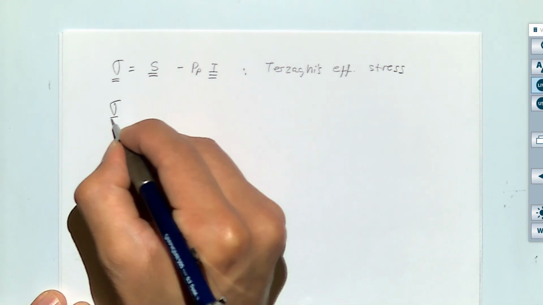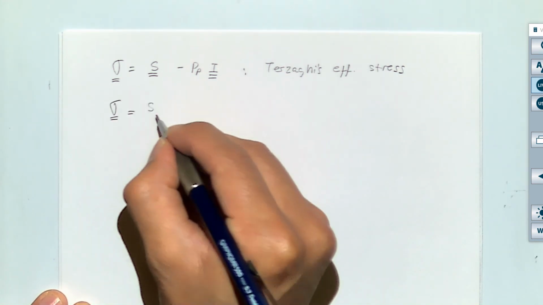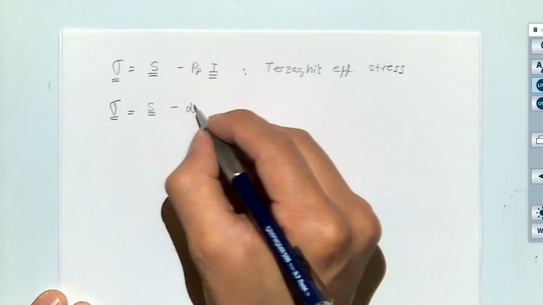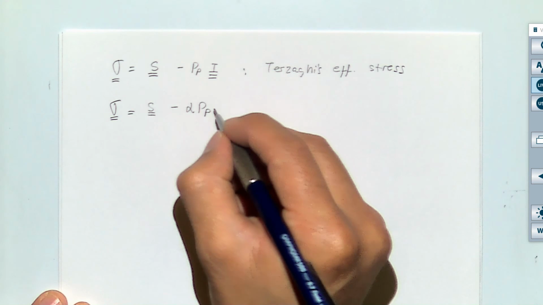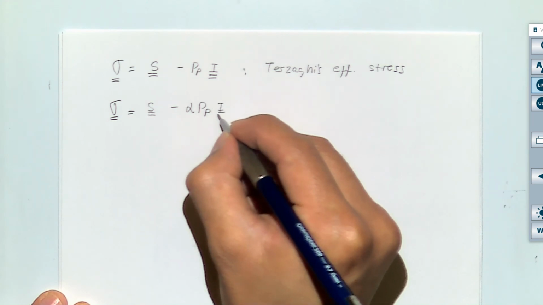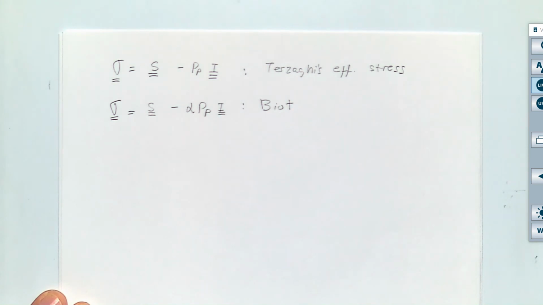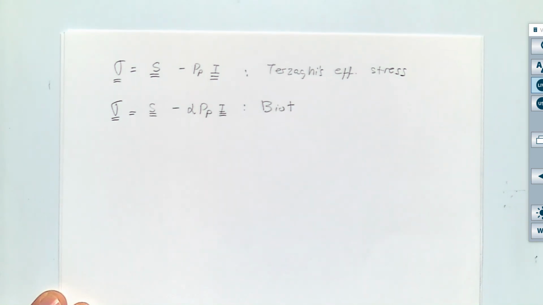And the second one is the Biot effective stress. So what does that last name sound like to you? From where? French? Belgium. So very close.